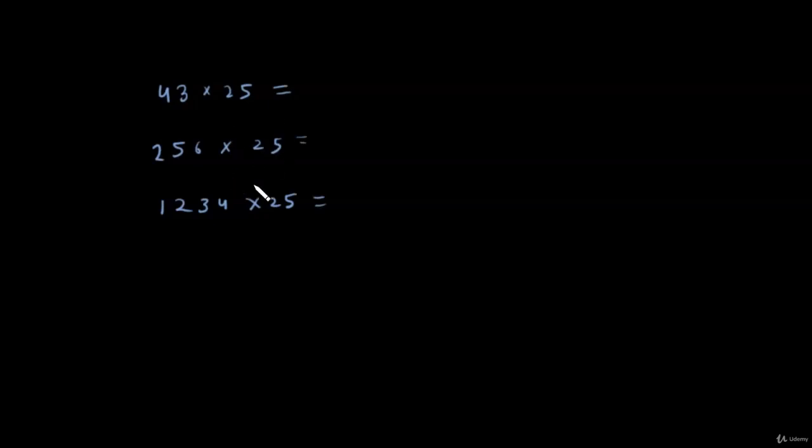So let us suppose that we have to multiply these numbers. We will place 2 zeros after the number and then divide by 4. So the answer will be 1075. Similarly here also this is 256. So we will place 2 zeros and divide by 4. So this will become 6400.